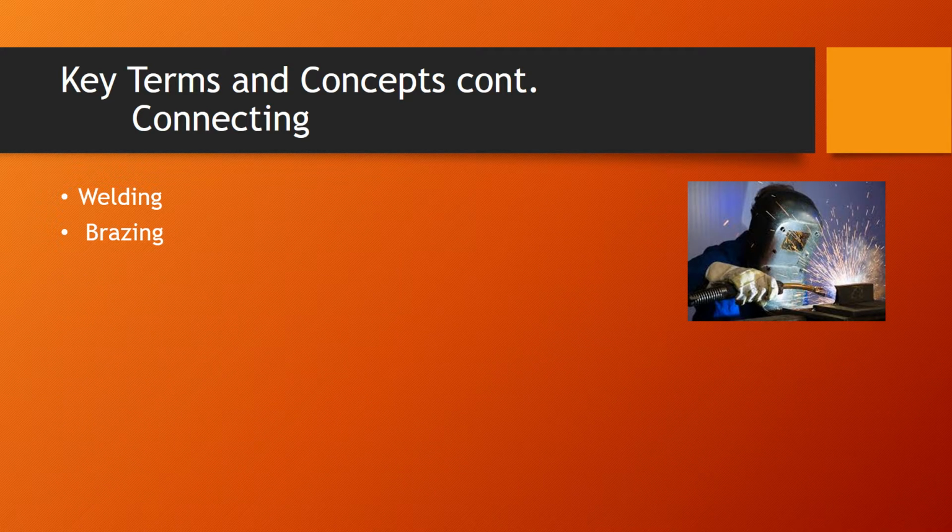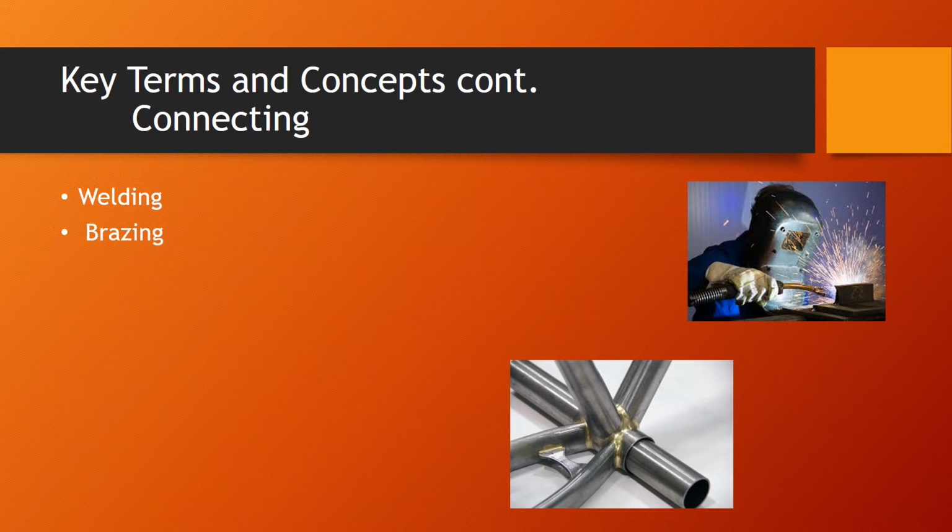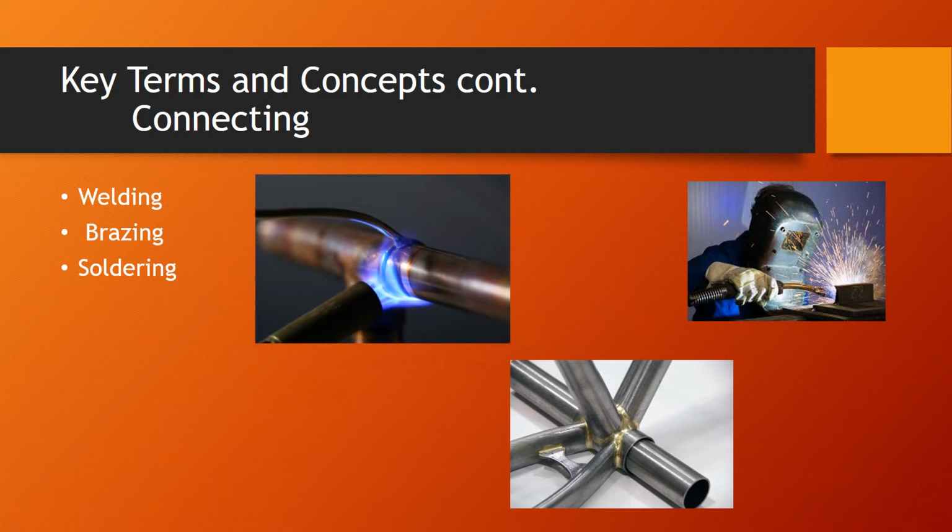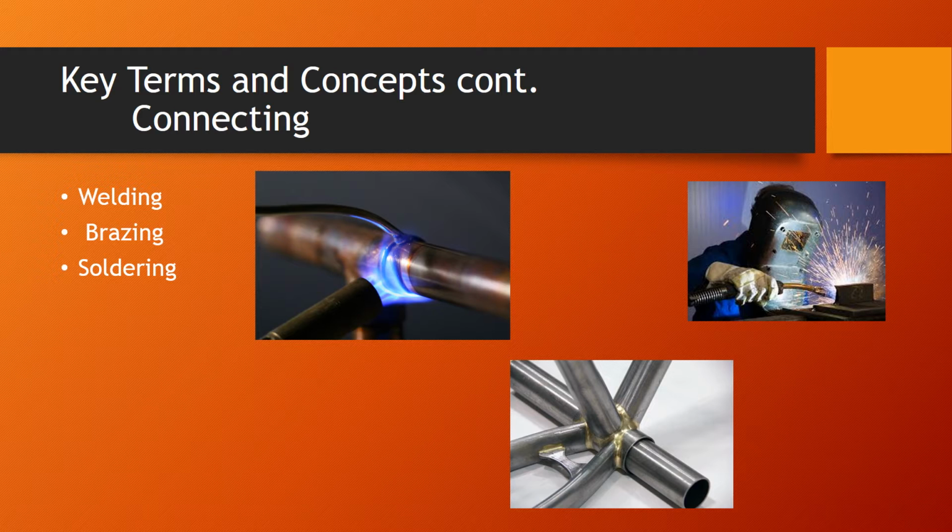It uses a filler that melts at a lower temperature than the metals being joined, that is used with wetting or a flux to clean metals for better bonding and promotes flow of the filler. Soldering is a step down from brazing, using a metal that has a melting point of less than 840 degrees Fahrenheit. Soldering also is a filler metal that is used with flux.